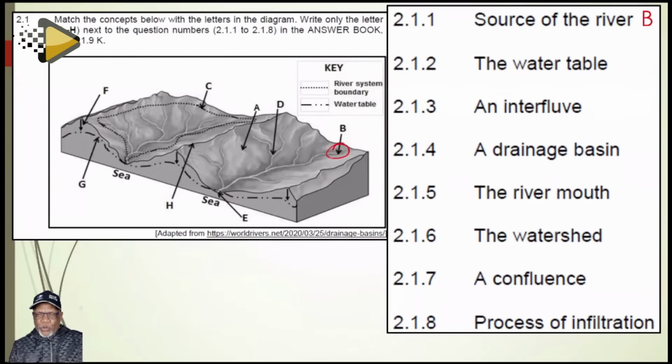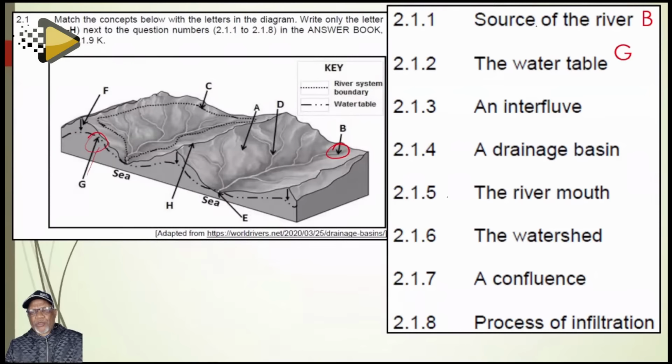And then water table. This line over here is indicating the top surface of groundwater, which is what we call water table. Water table will be indicated by the letter G. So you must know what is water table.